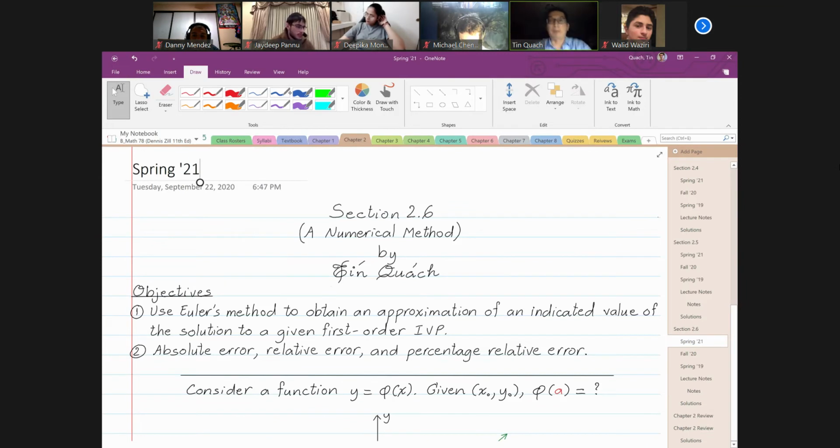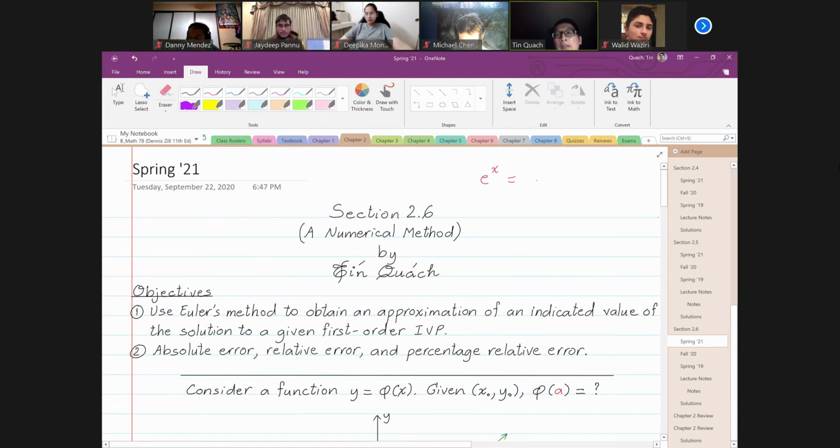So for example, if I give you an equation like e to the x equals 3x, and I ask you to solve for x, there's no way you can get an exact answer for x. Impossible. So you can only solve this one graphically. That means you can graph this equation and find out where they intersect.